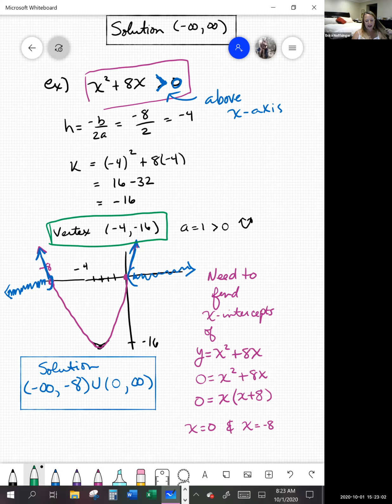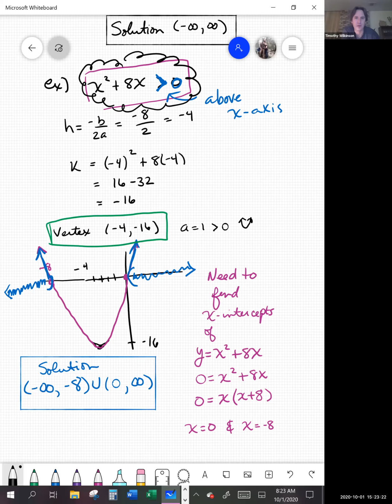But I didn't know it was above or below at first, just looking at the equation. But looking at the equation, I could tell that this was going to cross the x-axis because I could factor this easily and find out what value set it equal to 0. And so that's why I chose that one, not because of the other ones I chose. I didn't really want those to be all above or all below the x-axis, or where you have no solution or all solutions.